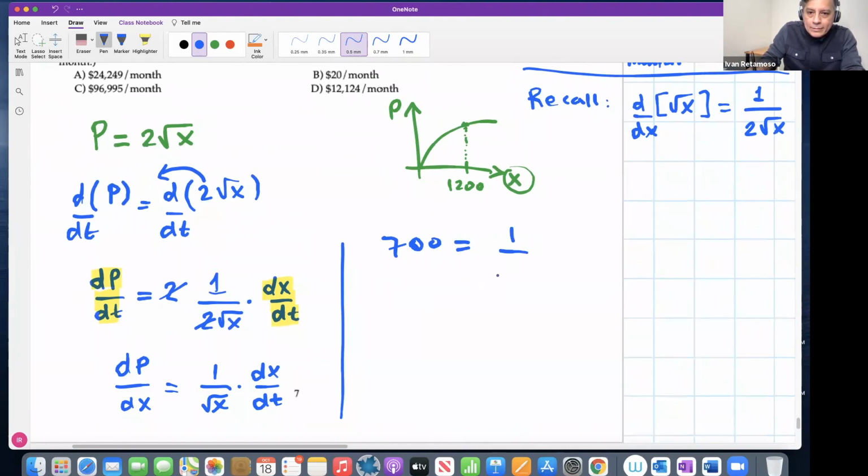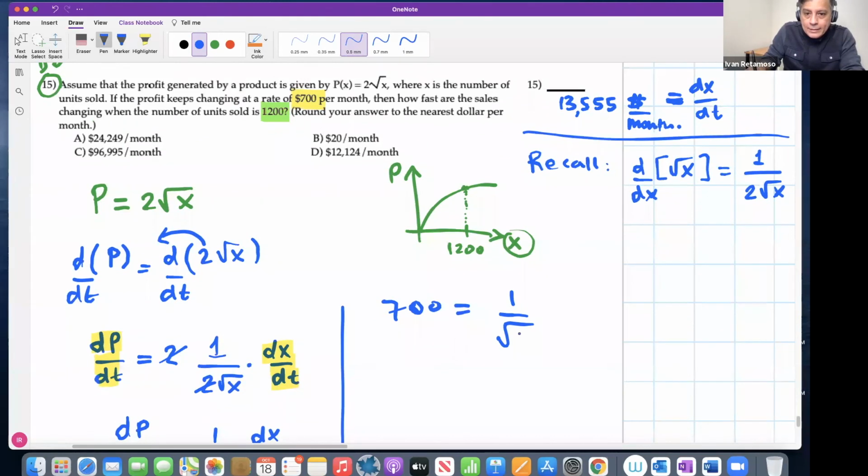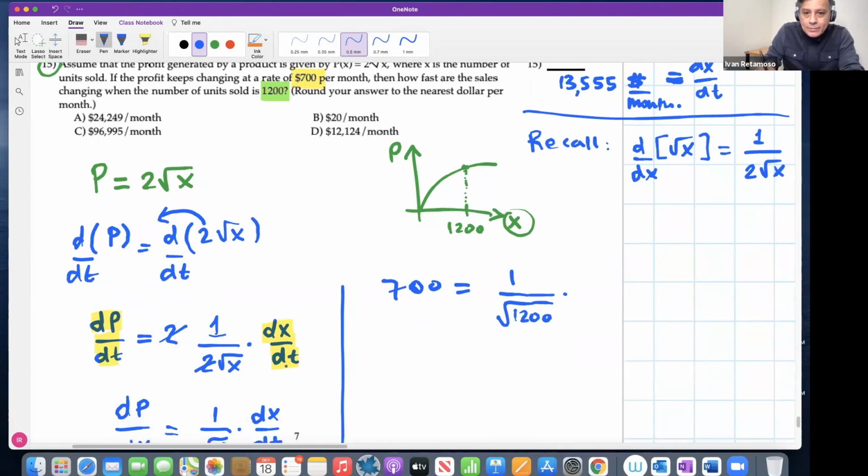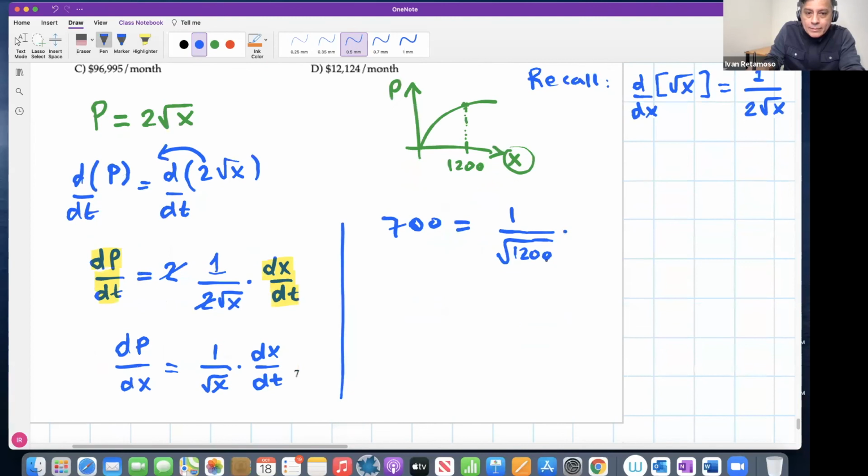So 1 over square root of X, the level of production that they want you to consider as a way to take a picture of this motion. Profit is changing, X is changing over time, but when should you take a picture? When X is equal to 1,200, right? Now, dx dt here, this is what we're gonna find.